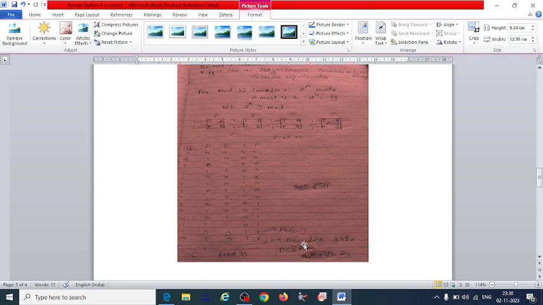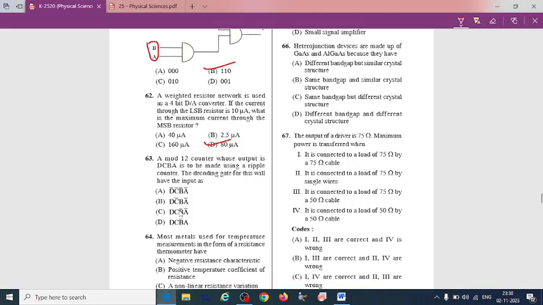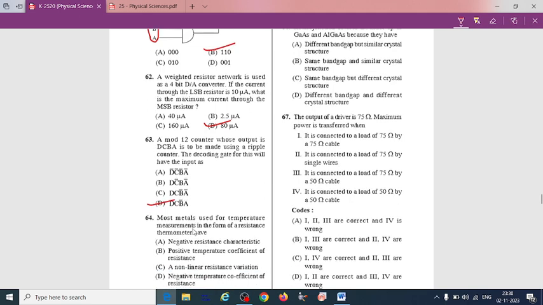Then mod 12 as we have here, decoding term 0, 0, 1, 1, that means DCB bar A, option D.